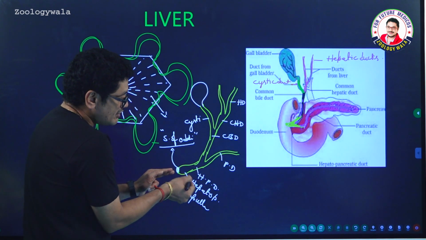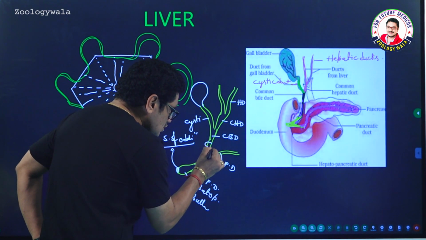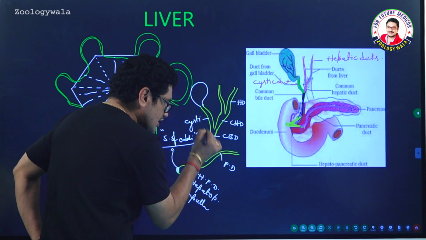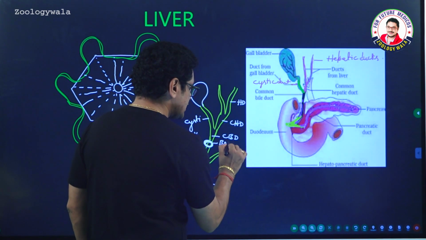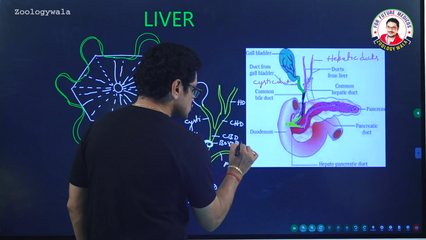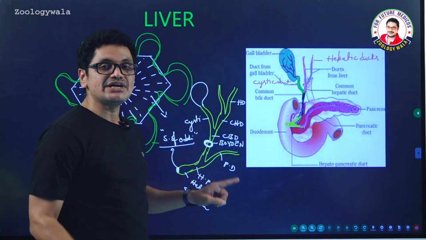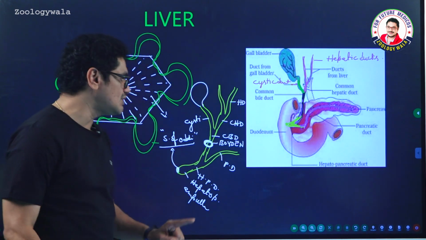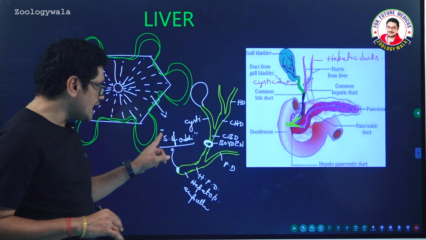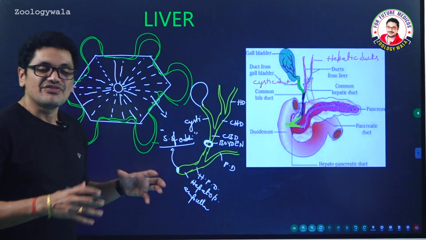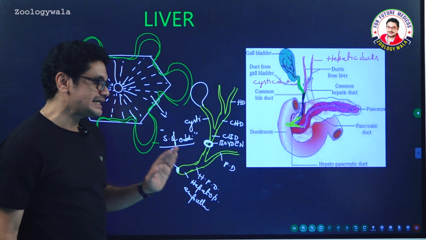So, the common sphincter for hepatopancreatic duct is sphincter of Oddi, and there will be an exclusive sphincter present for common bile duct, and this is called Boyden sphincter, Boyden. It was not mentioned in CBSE but is important. Boyden sphincter is a sphincter present exclusively for the common bile duct, the duct coming from the liver, whereas the sphincter of Oddi is the common sphincter for the hepatopancreatic duct.